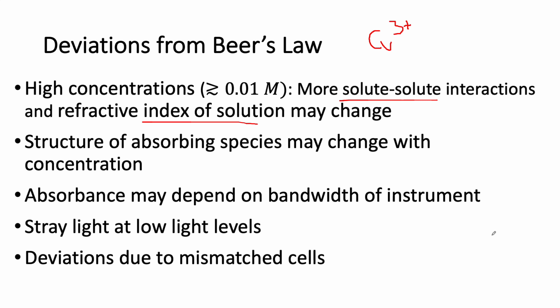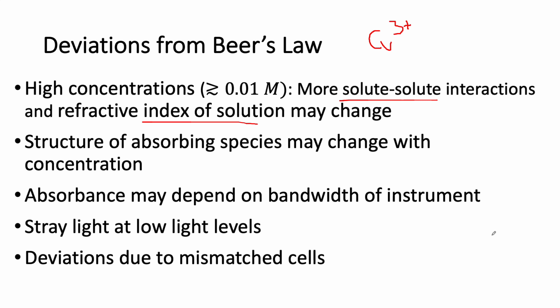So you hardly get any light going through. At that point, you have to worry about the detector seeing stray light. If there's any light, the detector is going to find it. So if you're looking at very low amounts of light, you'll have to worry about that. And there can also be things happening if you put a cell in there, as we'll talk about when we get to calibration.